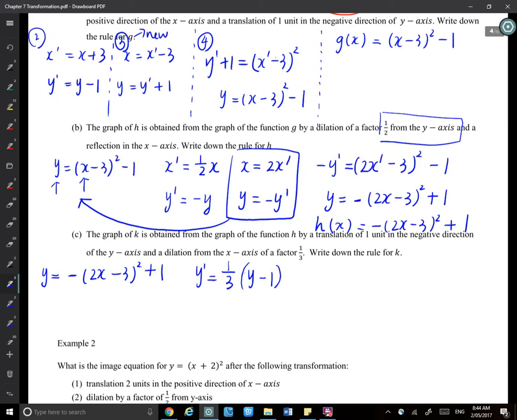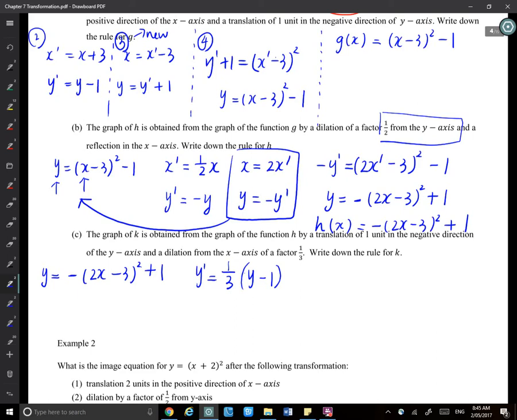Y minus 1 is the first step, and then take another step, a third. A third is the dilation, but dilation should happen after the translation. So your translation needs to be done first. That's why y minus 1 is in the bracket, and then do the dilation, then times a third on this function. So same order as your calculation order. So what I can write is like that.